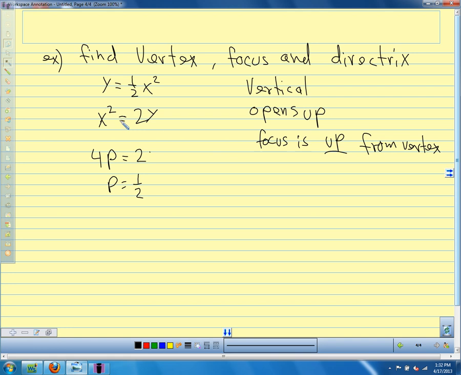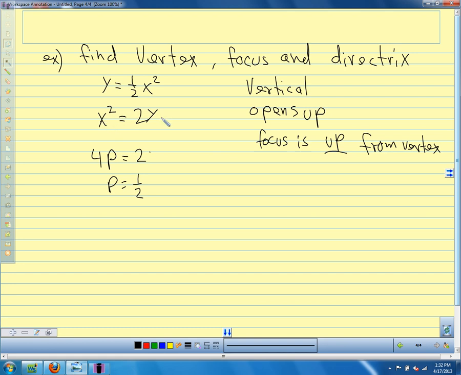So looking at this equation, where is our vertex? What's h and k in this equation? What do you think, Harrison? What are we adding here to y? 0. What are we adding here to the x? 0. So h and k are 0. Each of those is 0.